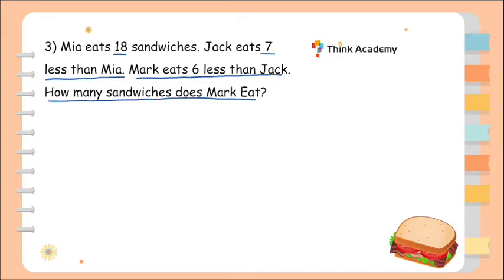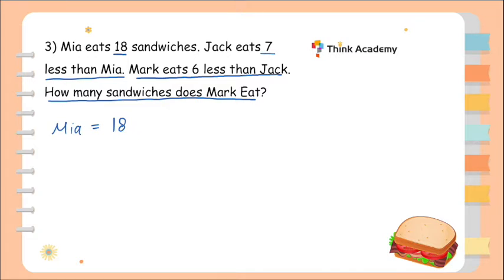Do we know how many sandwiches Mark eats? We do not know this one. But we know something. So who do we know? That will be Mia, right? Mia, we know that she eats 18 sandwiches. And if we know Mia, next, we can also look for Jack, right? So, Jack eats 7 less than Mia.